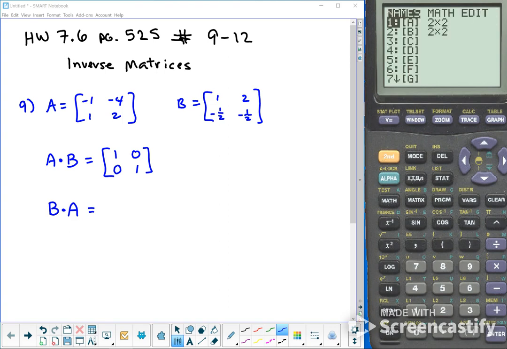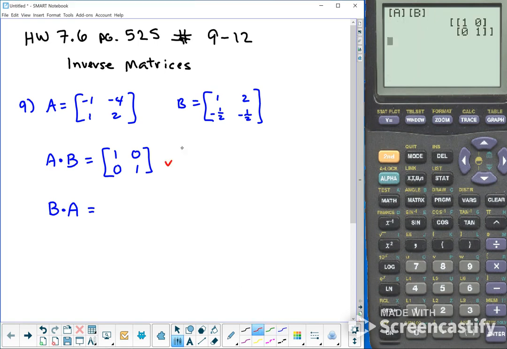And all you have to do is just do matrix A times matrix B. And if it does equal 1, 0, 0, 1, you got the first part done. Now you got to do the other way around. So do matrix B multiplied by matrix A. And if you also get 1, 0, 0, 1, okay, that checks off.